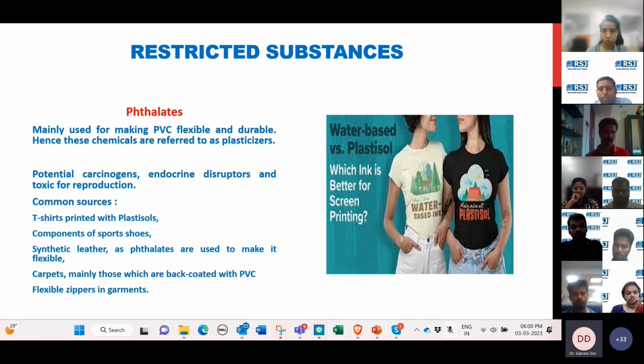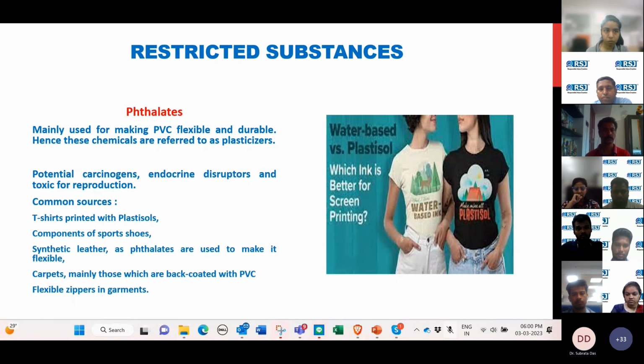Now another important point when you are talking about garments is phthalates. Phthalate is essential in plastisol prints, a must actually. It should be available, otherwise the print will not get flexibility or durability.